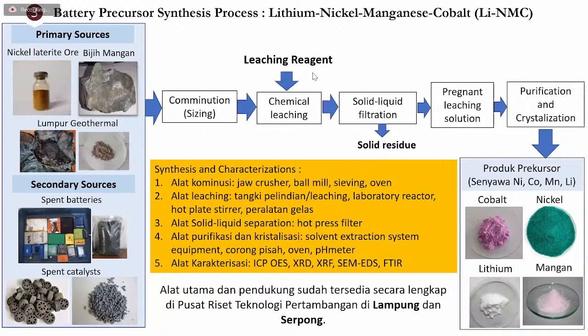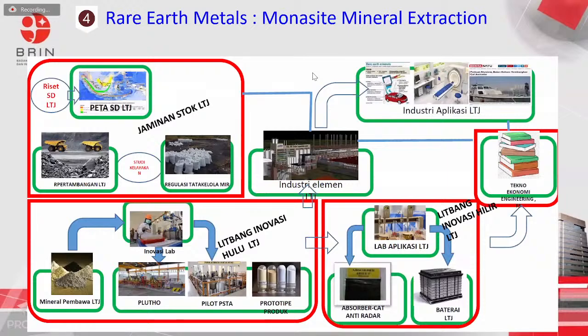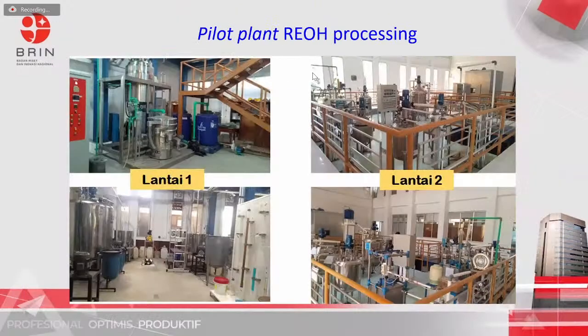Several researchers from the Research Center for Mining Technology and also from metallurgy and also from advanced material have research about this topic. And rare earth metal also, this is done by researchers in the Research Center for Mining Technology. And this is the pilot plant for the rare earth processing.